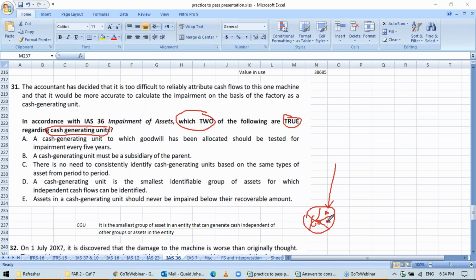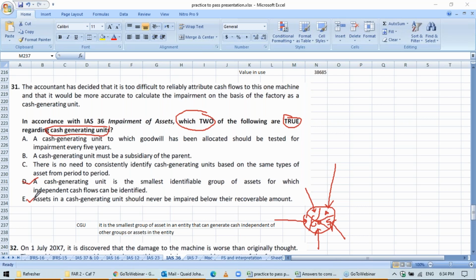Some groups have 5 assets, a machine, a car, likewise, and they generate their own revenues. They don't need the help of the group of 4 assets, the other group. So there are 5 groups in a company, small groups, which can generate cash flows independently, right? So this one is correct: smallest identifiable group of assets for which independent cash flows can be identified. So D is correct, and E is also correct.